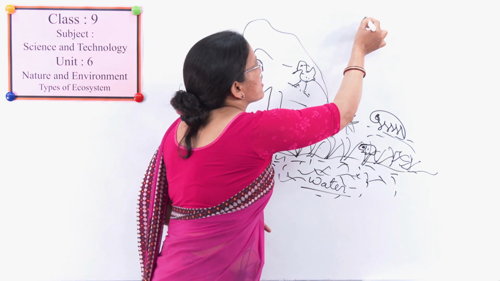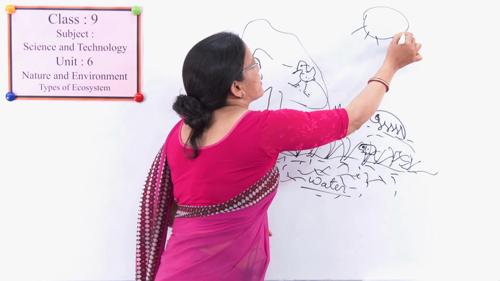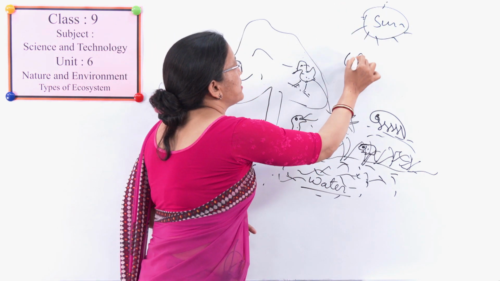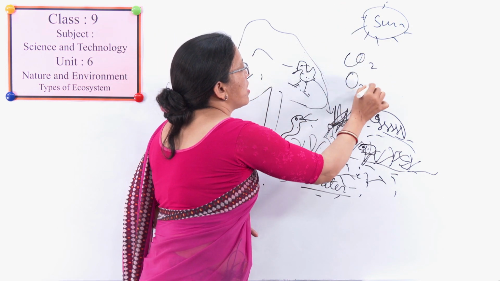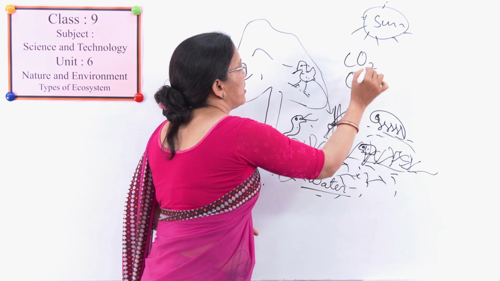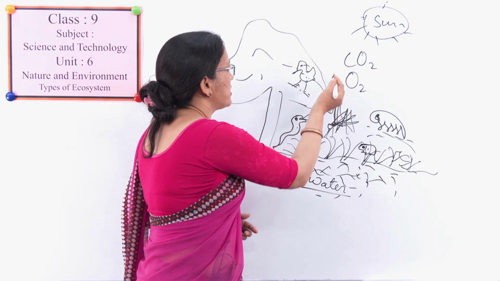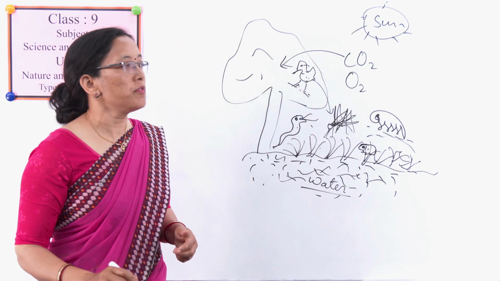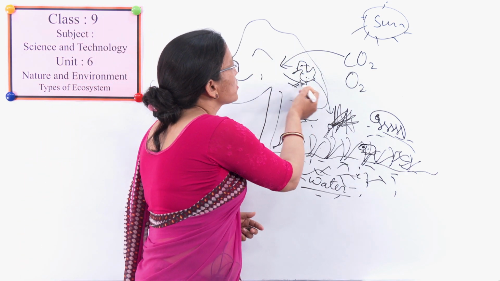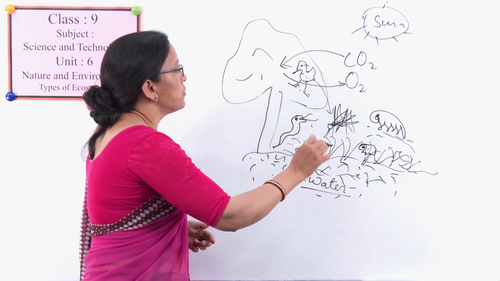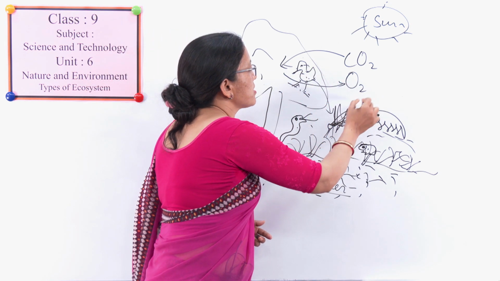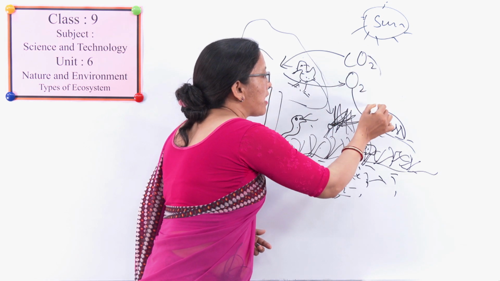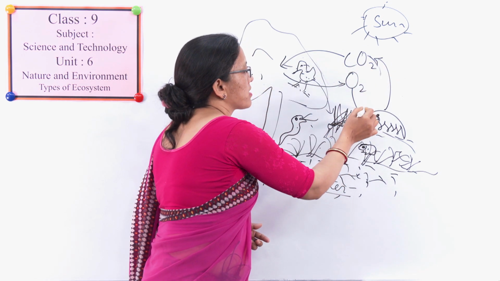And there is sunlight, the sun is also there, and there is carbon dioxide and oxygen. These green plants take carbon dioxide during photosynthesis and release oxygen, whereas these animals take oxygen and release carbon dioxide.